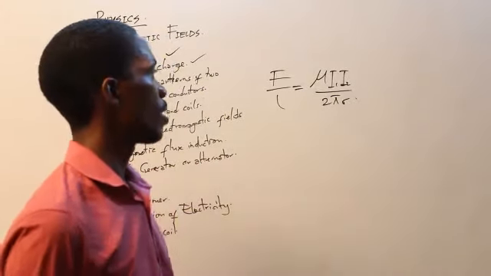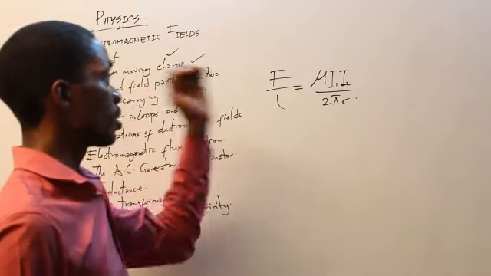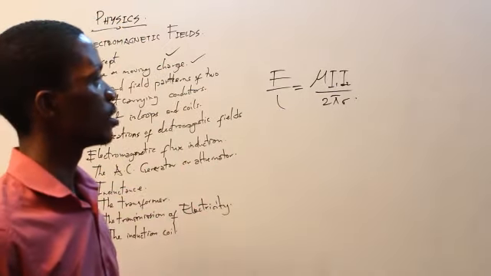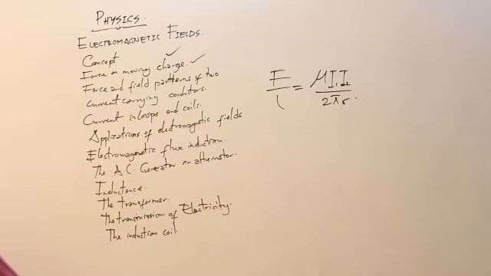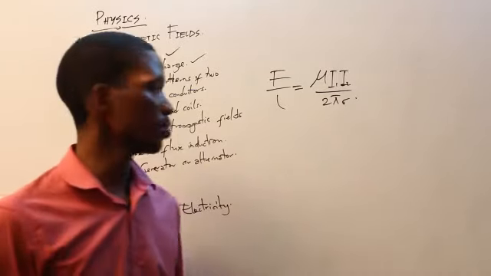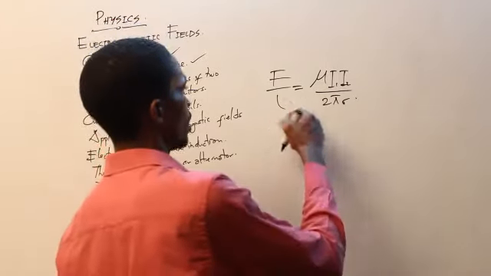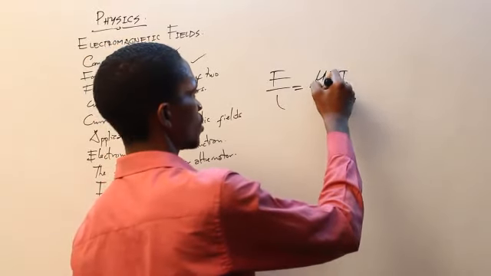Of course, each of them has a kind of area. Now, L is the length of the conductors.